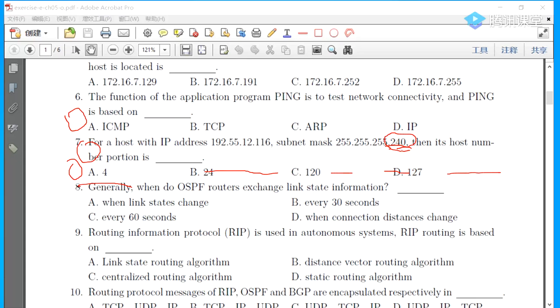The binary notation is, 240 divided by 16.